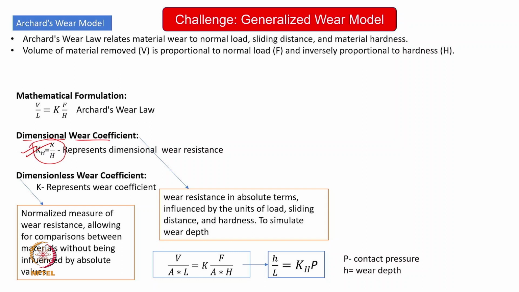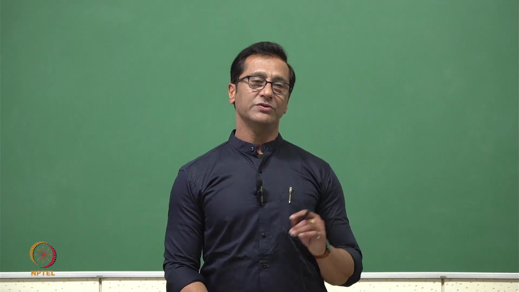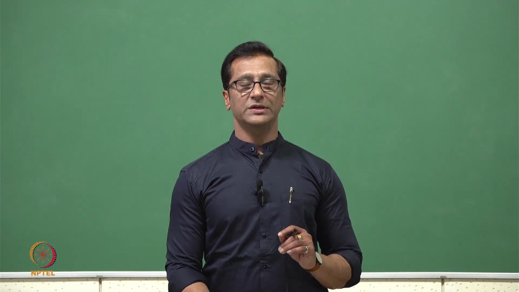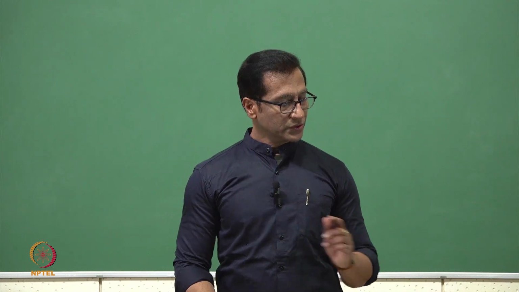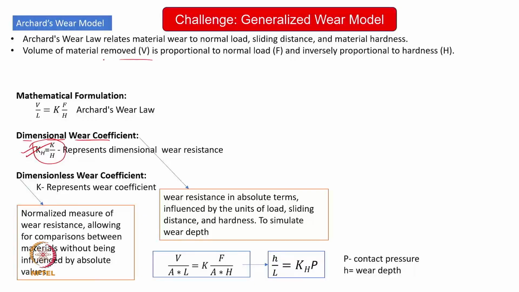But this wear coefficient is dimensional, not dimensionless. So whenever you go for the dimensional form, we need to keep the units properly, otherwise results will not be favorable. What we are saying in this situation is that wear volume is proportional to normal load and inversely proportional to hardness.